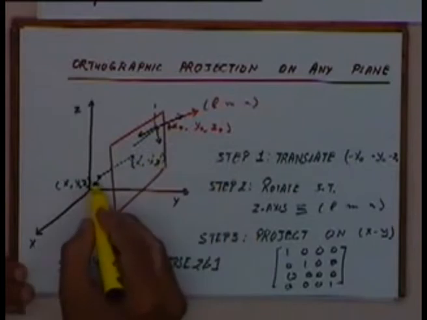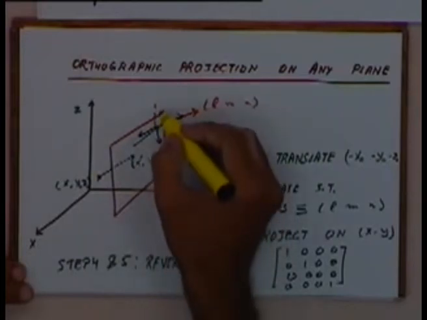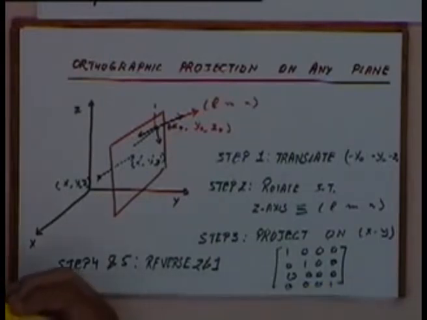So whatever be now the coordinates of this point xyz, I can easily project it onto this plane just by ignoring the z coordinate. But we need to do similar transformations on that point too.